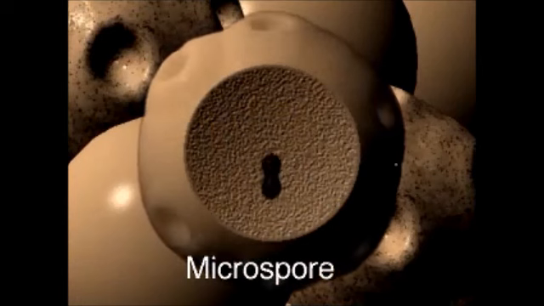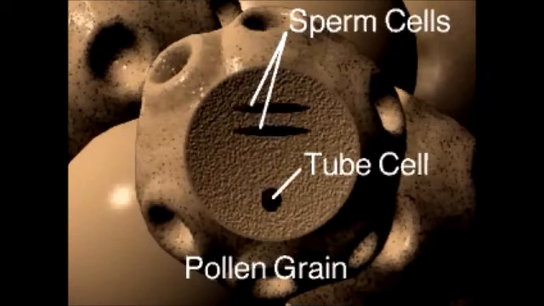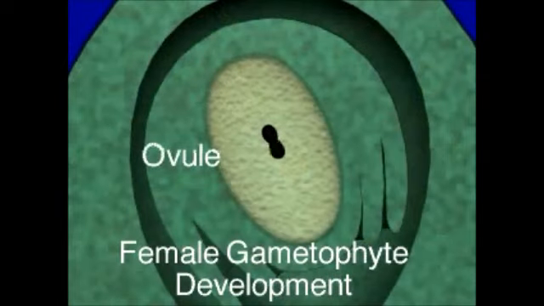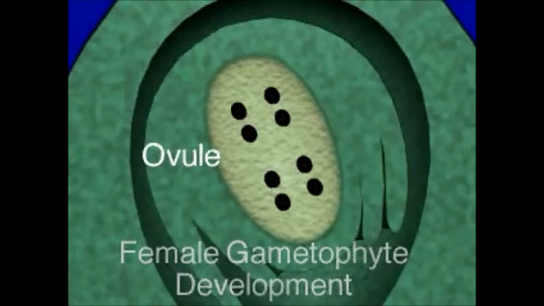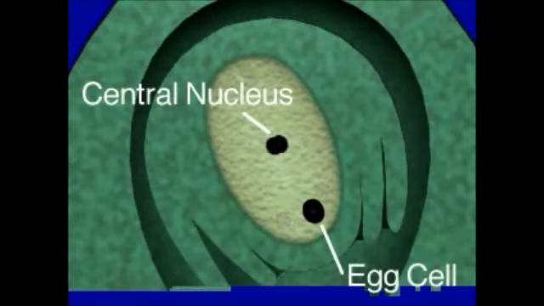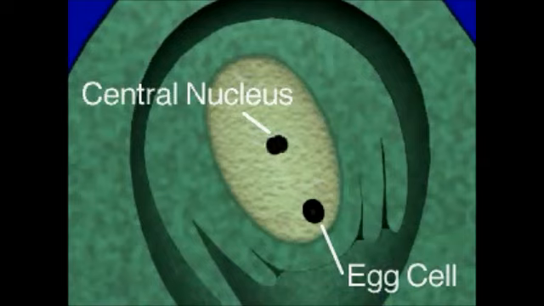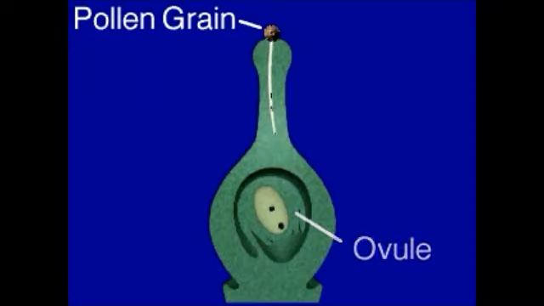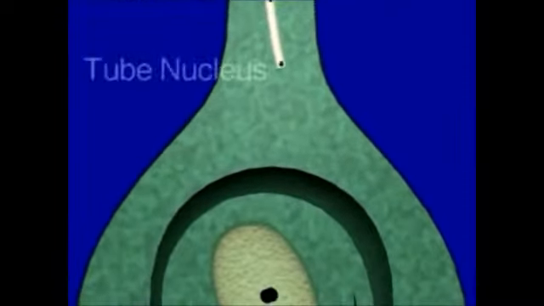In flowering plants, double fertilization involves the fusion of 2 sperm cell nuclei of the male gametophyte with 2 cell nuclei of the female gametophyte. The tube cell of the pollen grain elongates to form a pollen tube.